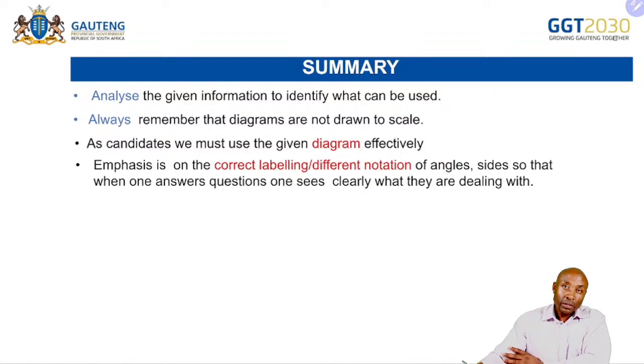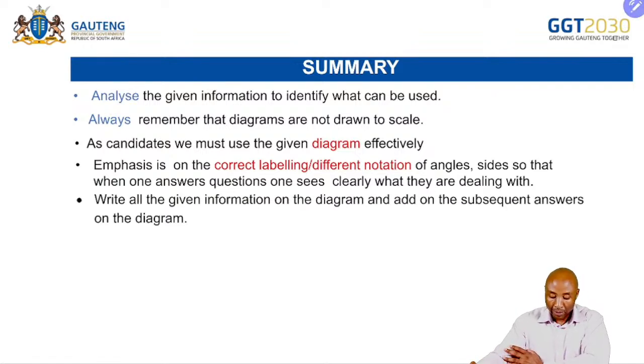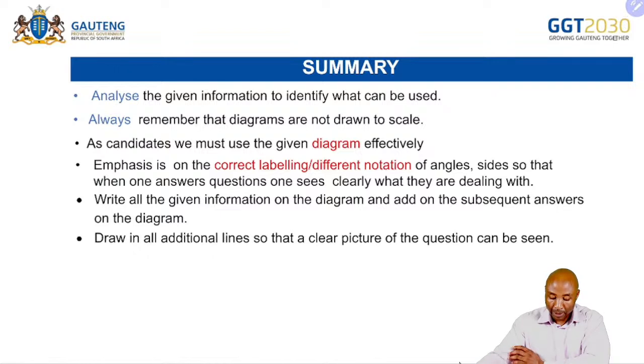Label things so that you are able to see what can help you get to the solution that we need to get. We write information in our diagram and we continue to add for subsequent answers. We add additional lines. You saw when we were doing the reflections, I was able to draw a diagram so that you get a picture of what is happening and you are able to see which angle you are calculating.